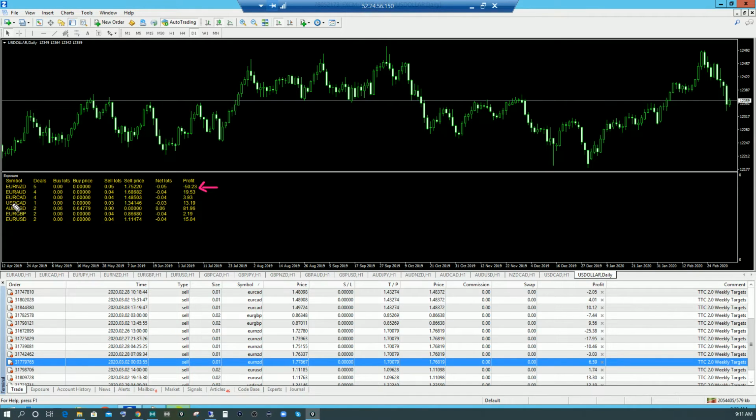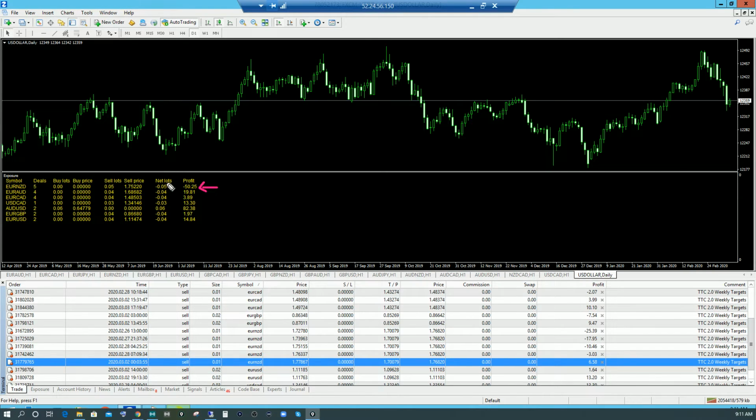US dollar Canadian, we're in the money on that. We're in the money on the Aussie US dollar. We're in the money on the Euro pound. And we are in the money on the Euro US dollar. So the only one that we're in the red is the Euro New Zealand dollar. We'll check that out and see what's going on.